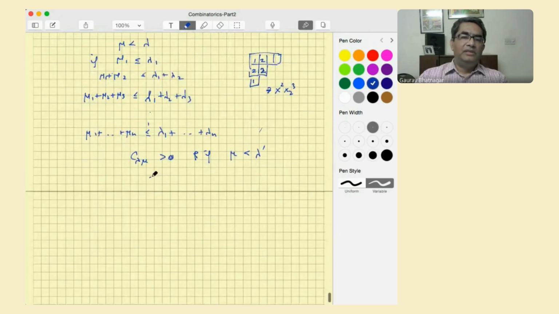And it equals the number of fillings with mu1 x1s, mu2 x2s, and so on.